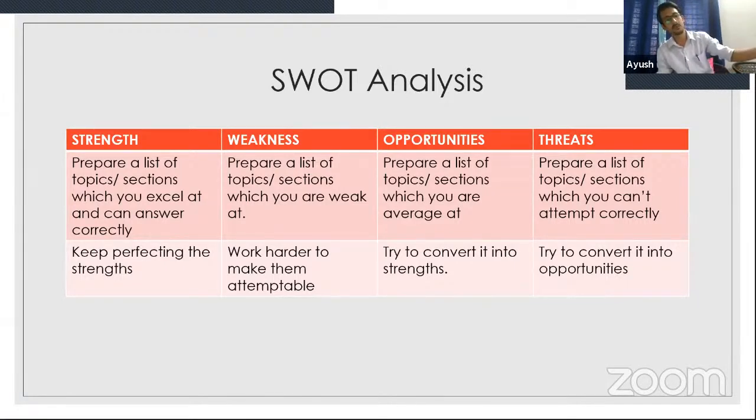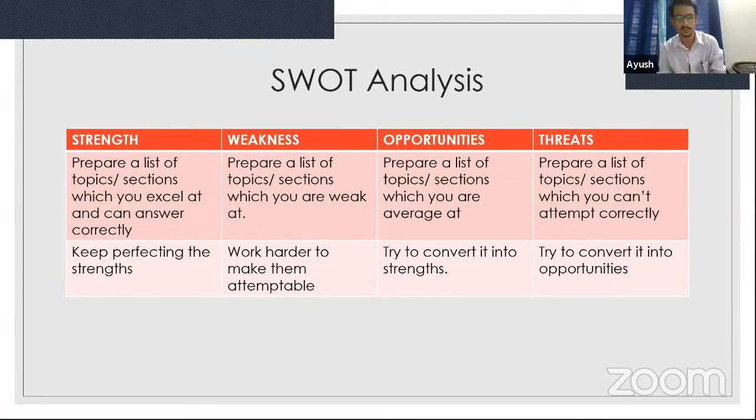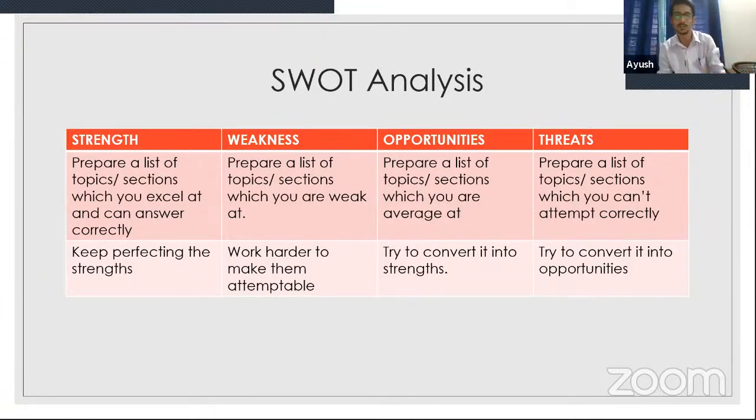So there are different subtopics and subsections inside general knowledge. Amongst these you can decide which is good for you and where you have to work more. It can be history where you're good, but geography where you're not. So subtopic-wise also you can prepare your list of where you excel.